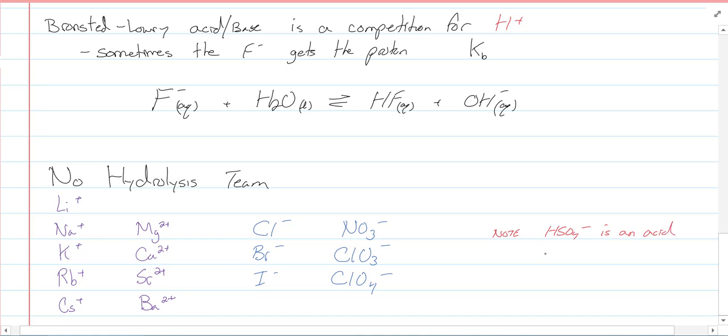So therefore, it will not accept H+, but it will donate H+. So HSO4 minus is an acid.